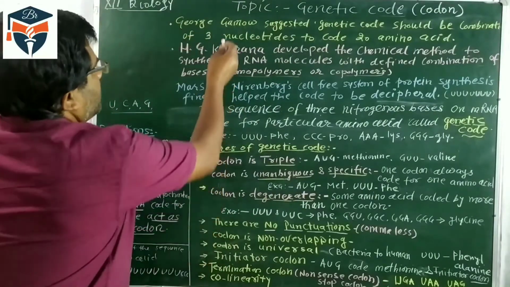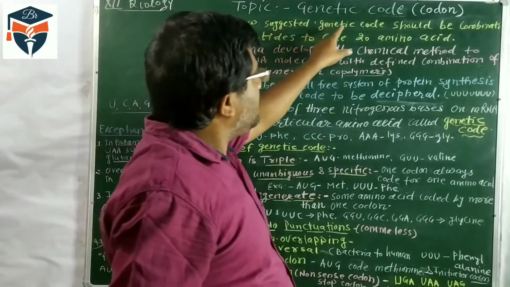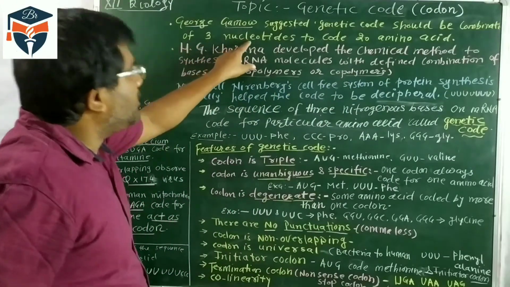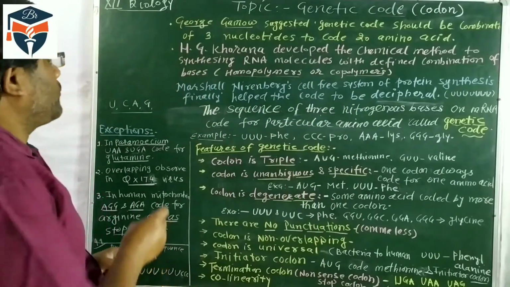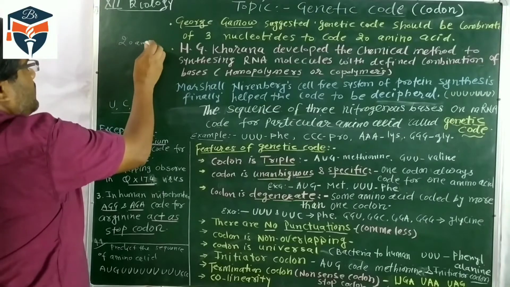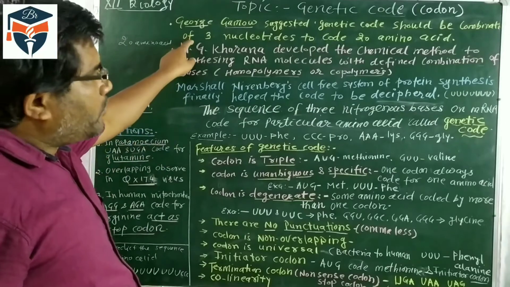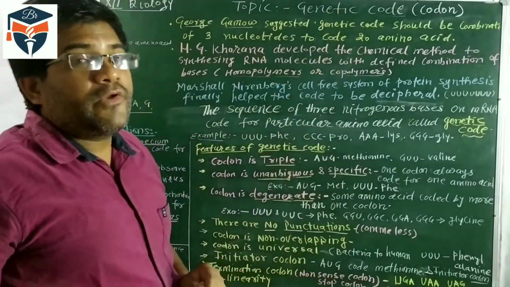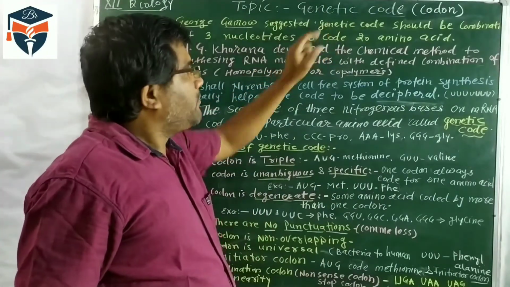George Gamow suggested that the genetic code should be a combination of 3 nucleotides to code for 20 amino acids. We know now that there are 20 amino acids, and these are coded by the genetic code, or the codon.